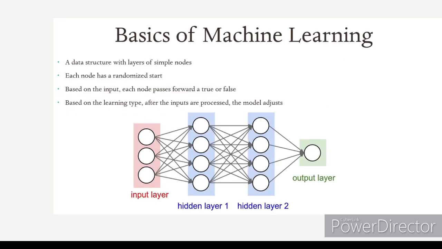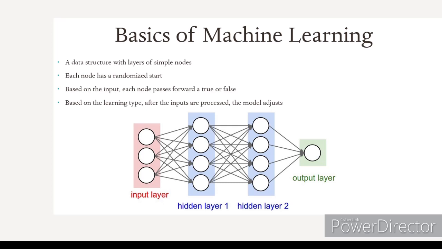So this is the basics of machine learning. Basically, you have these small nodes that contain different values composed in different layers. In the input layer, if you were processing a picture, each node would correspond to a pixel in the picture. Each of the hidden layers maintains a certain parameter, basically a percentage.